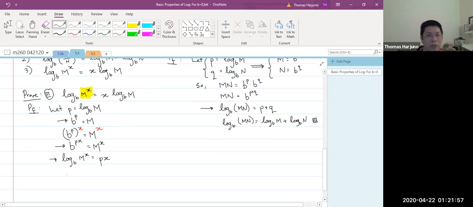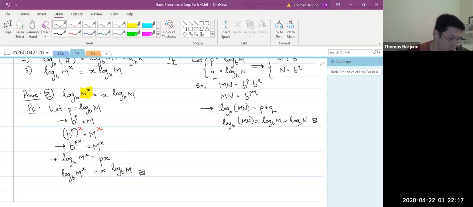I will substitute that p back. This is x times log base b of m. Okay, that's the proof for the first one and the third one.